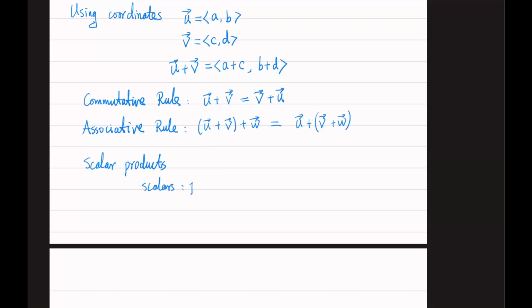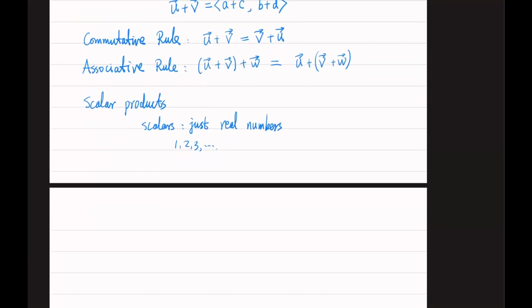Real numbers, 1, 2, 3, 4, 1.5, pi, they're all scalars. Root 2 is also a real number. i is not a real number, it's like the square root of negative 1. That's an unreal number, although it's kind of like cheating.